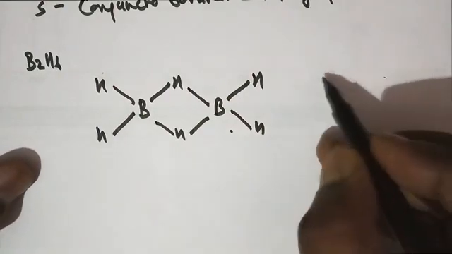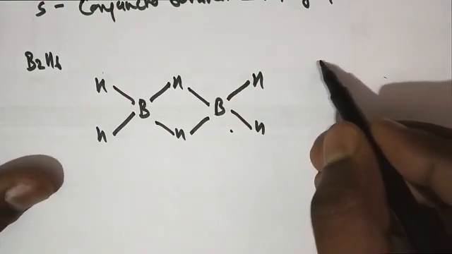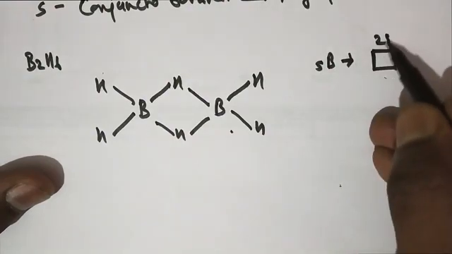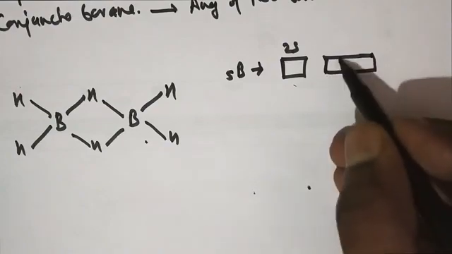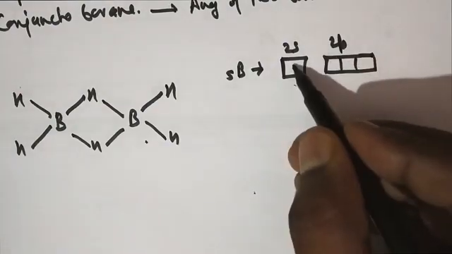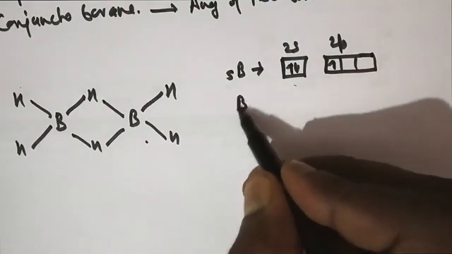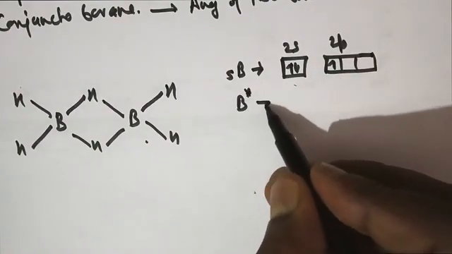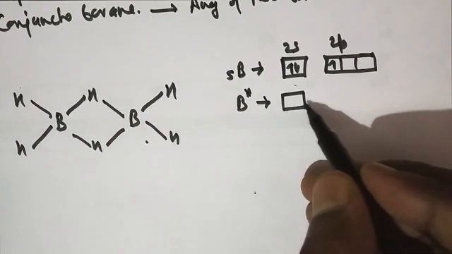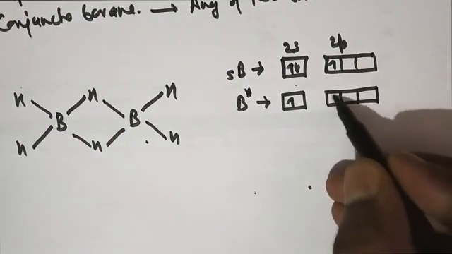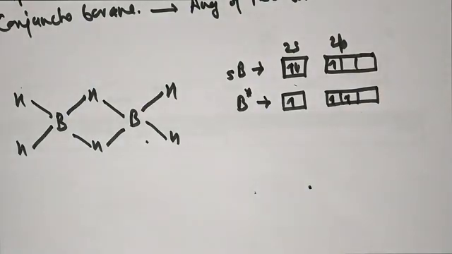If you see the general electronic configuration of boron, it is 5B, 2s, 2p 1, 2, 3. In the excited state, boron will have 1, 2, 3.